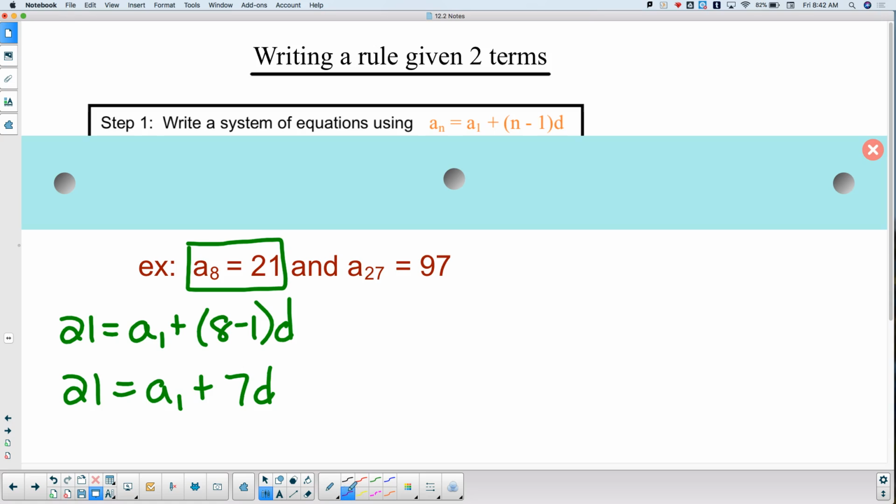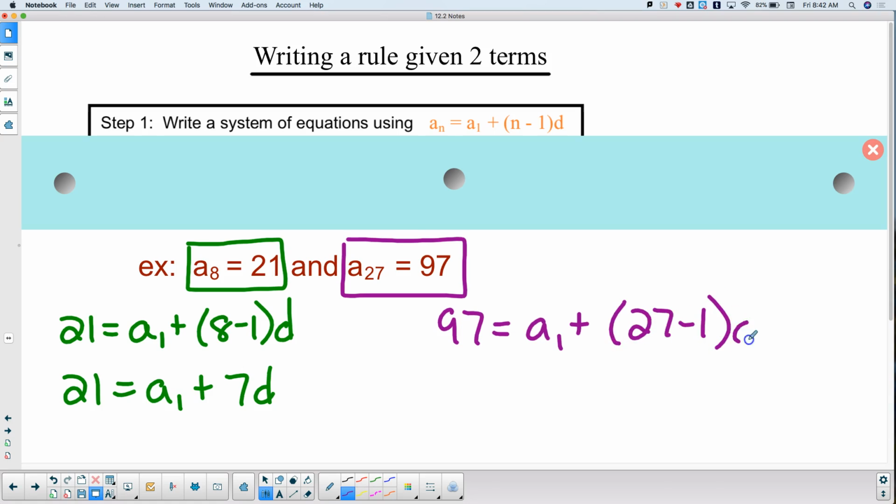Now I go over here and I say, awesome. Now I got to do that again. So 97 here is equal to my first term plus 27 minus 1 times d.